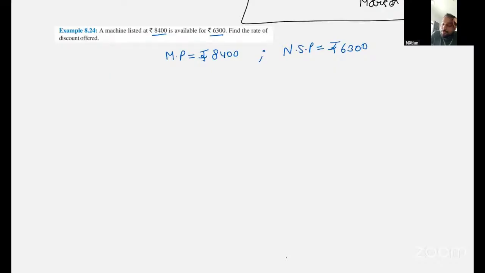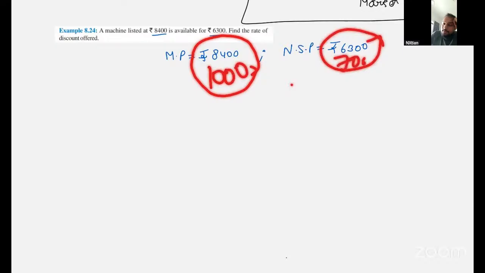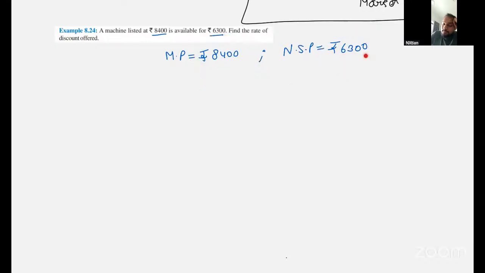How will you calculate the discounted price? For example, David got a headphone listed at 1,000 rupees, and he got it for only 700 rupees. So how much discount did he get? Not 30%, I'm just asking the discount price.